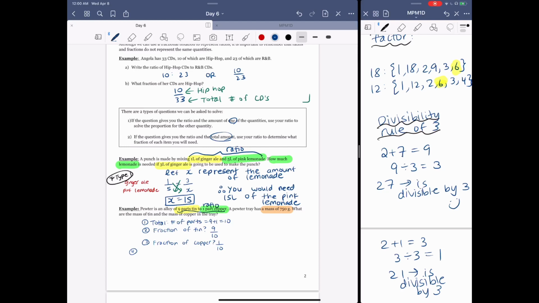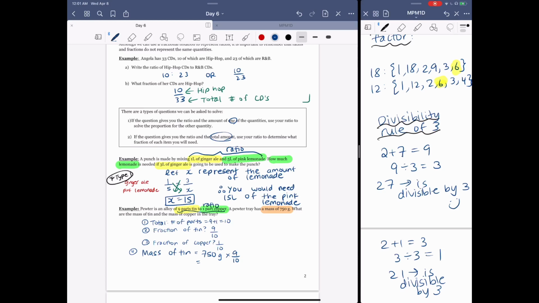Well, it's like saying for mass of tin, I have 750 grams, and out of the 750 grams, I'm going to have 9 out of 10 portion of it that is made out of tin. So I set it up as 750 times 9 over 10.